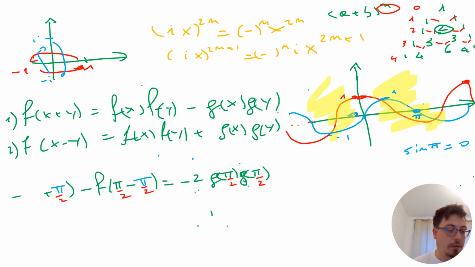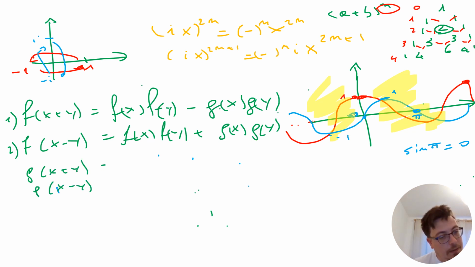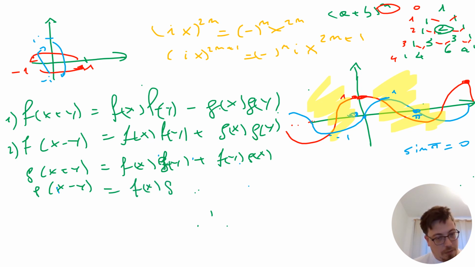But anyway, let me see if I can do that bit, which would be nice, which was basically g of x plus y and g of x minus y. We get f of x, g of y plus f of y, g of x, and then we get f of x, g of y minus f of y, g of x.